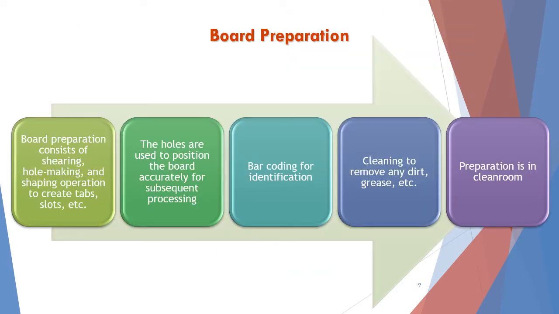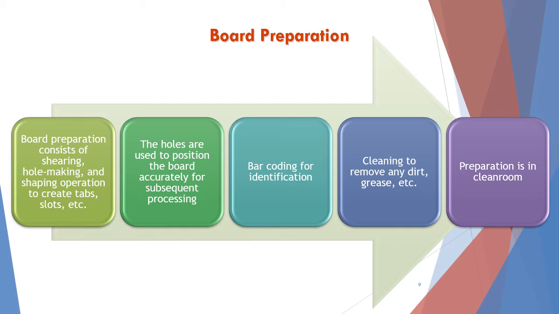The PCB starting material is usually very big. So for board preparation, after the laminating process, there are a lot more processes before we can print the circuit on the board. The board goes through shearing, hole making, and shaping operations to create tabs and slots and holes, so that you can position the board accurately for subsequent processes.